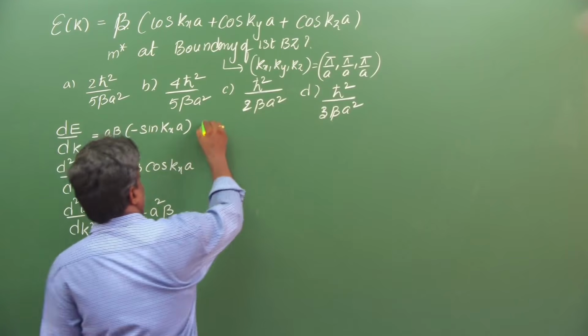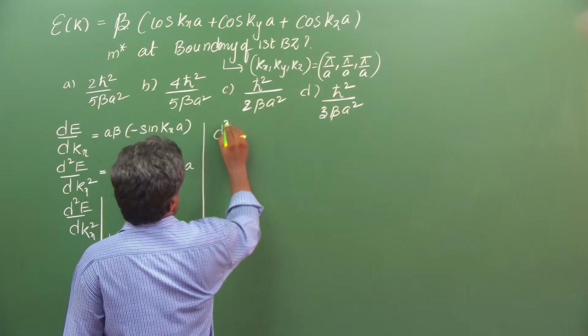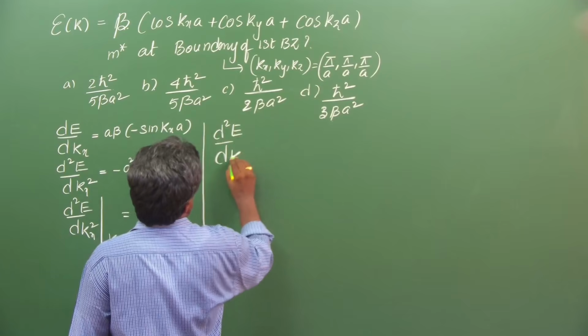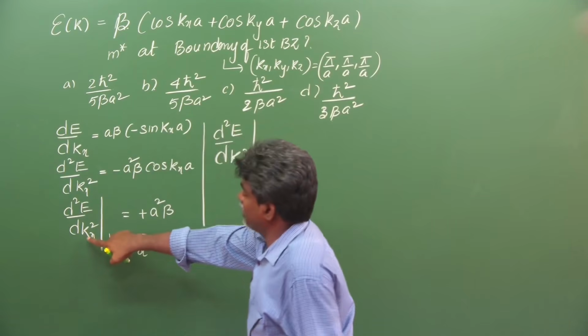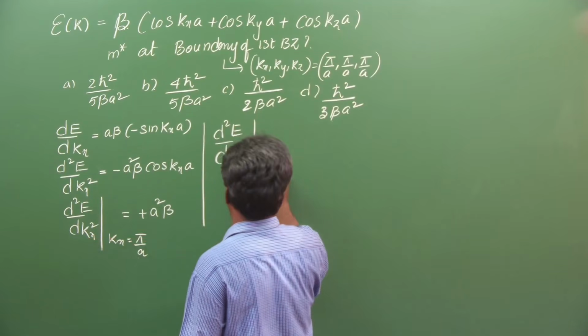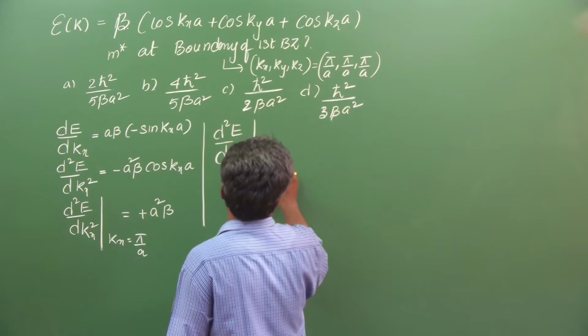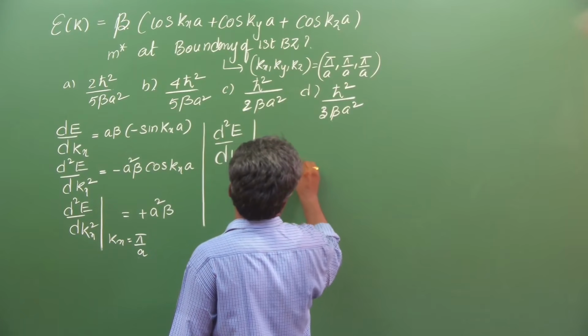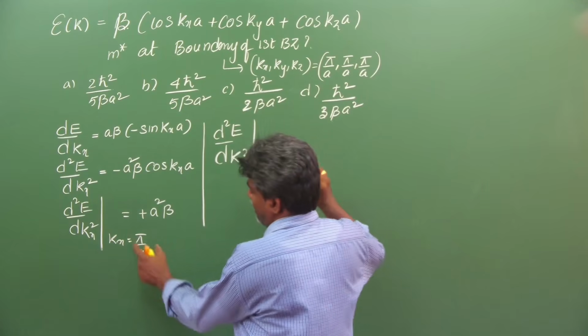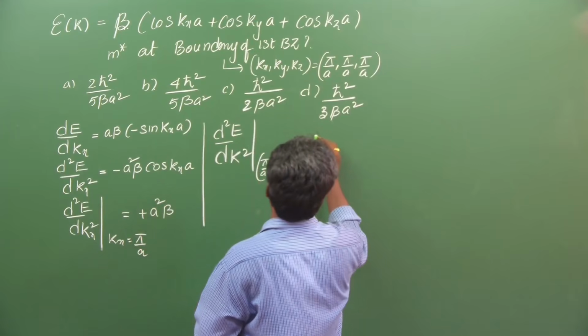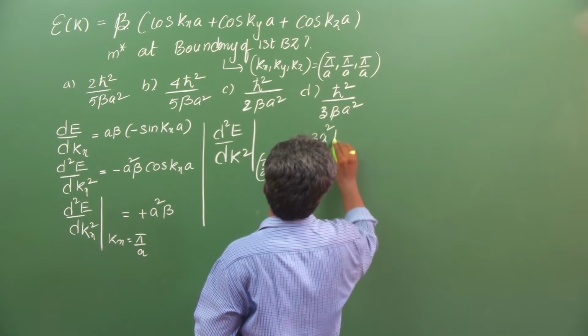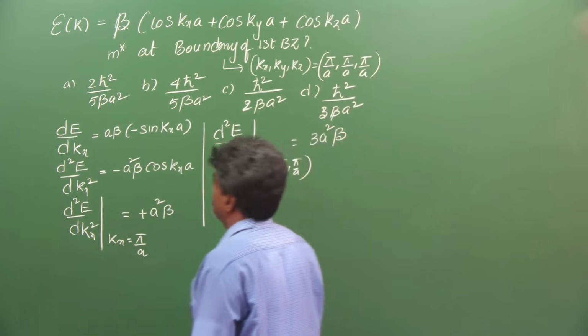So finally d square E by dkx square at pi by a, pi by a, pi by a, you will get the same answer for y and z also. That's why 3a square beta.